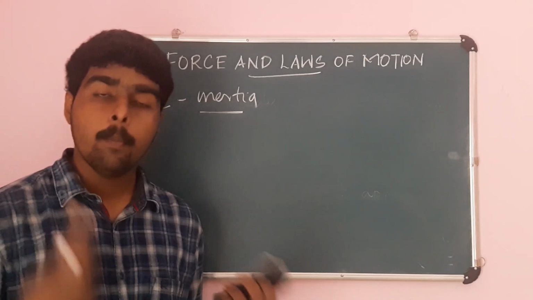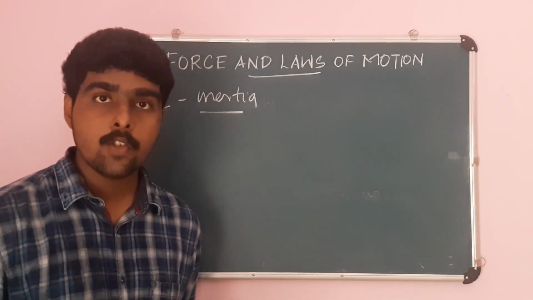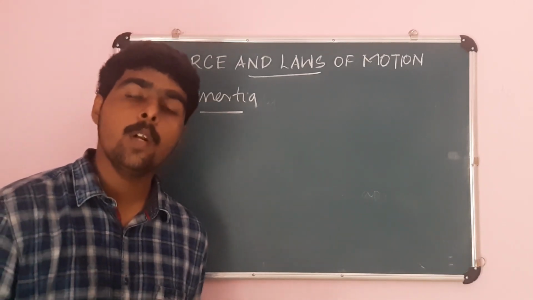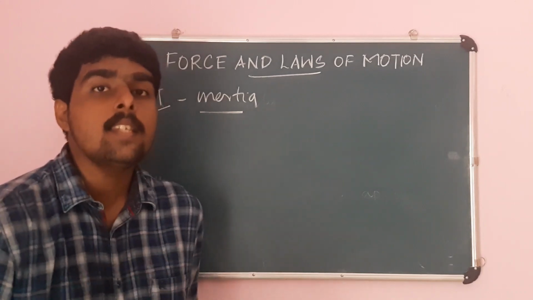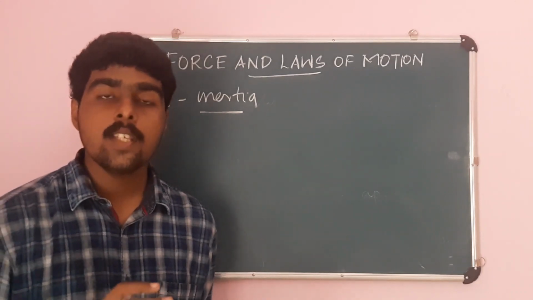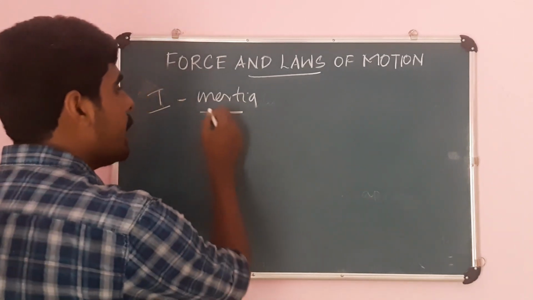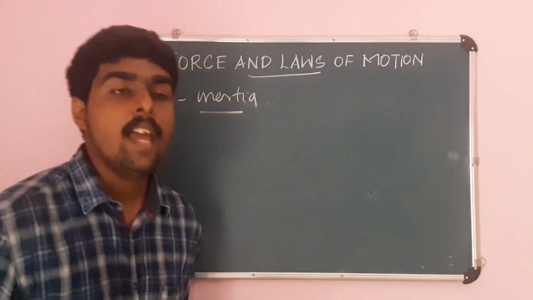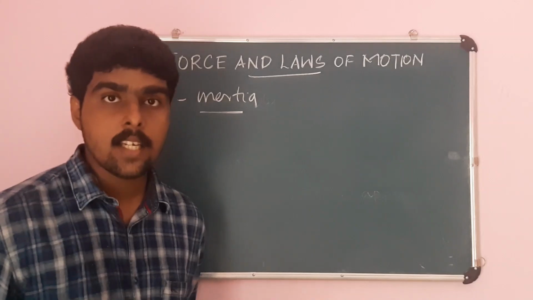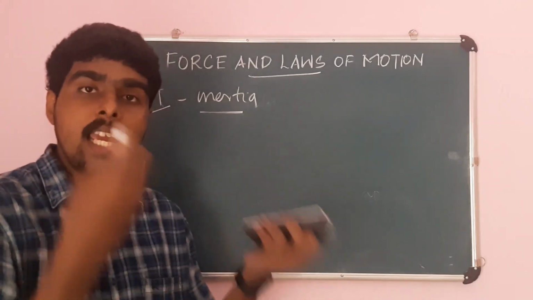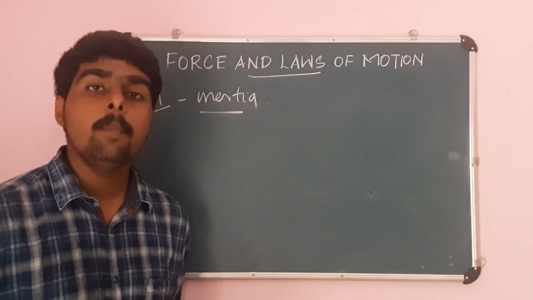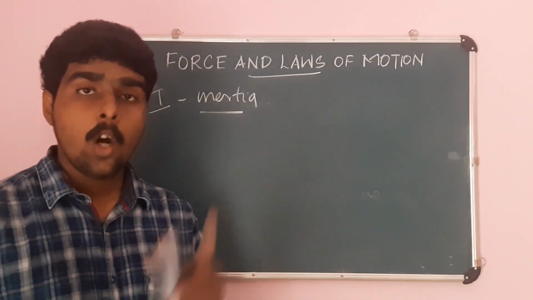No body will allow itself to change its state. If it's in rest, it will be resisting that change of state. Such a resisting force is what you mean by inertia. Whenever a body is changing its state, even human beings or any other vehicles, everything, there will be inertia happening.